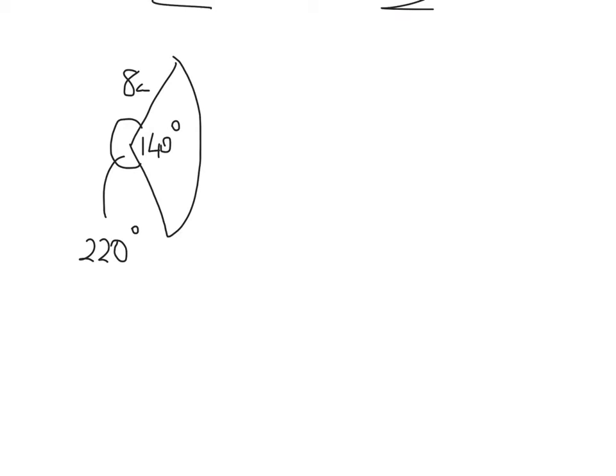Now this time, crucially, we're finding the area of the sector. So it's the area of a bit of a circle. How much is the bit? 140 degrees. So a bit of pi r squared, because the area of a circle is pi r squared. Remember, that's another formula that won't be given to you.